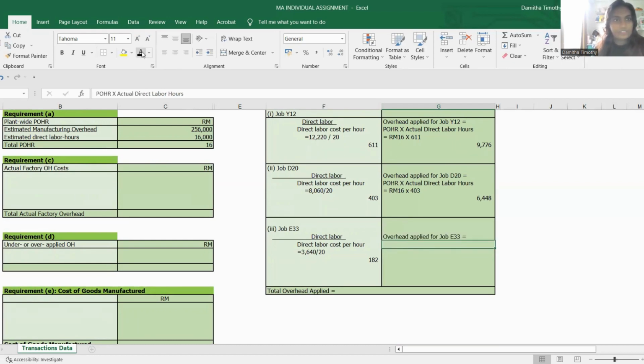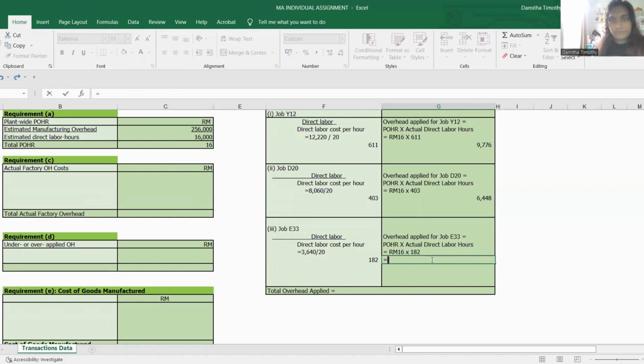POHR 16 times 182, so the value here is 2,912.